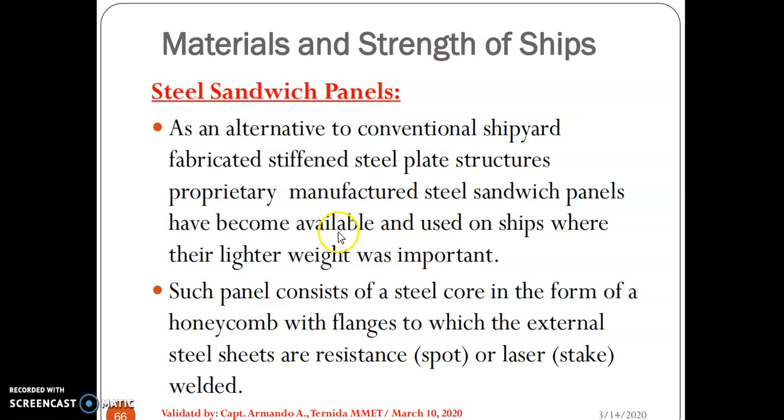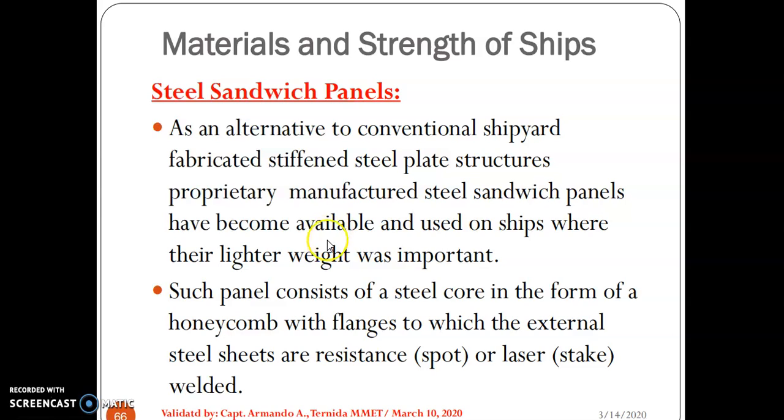Okay, so steel sandwich panel as an alternative to conventional shipyard fabricated steel and steel plate structure. Proprietary manufactured steel sandwich panels have become available and used on ships where lighter weight is important. Such a panel consists of a steel core in the form of a honeycomb with flanges to which the external steel plates are resistance spot or laser stake welded.